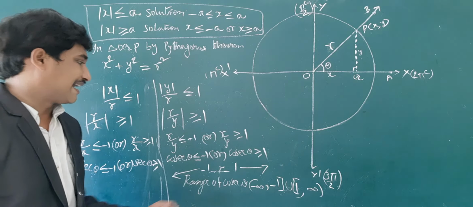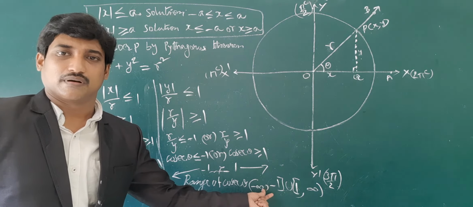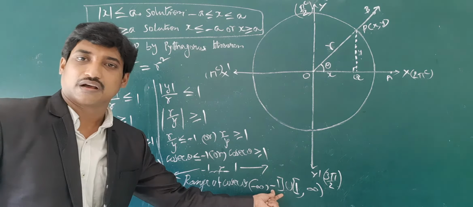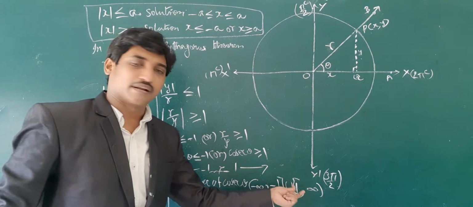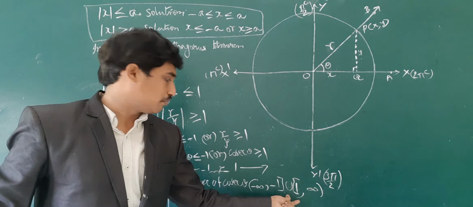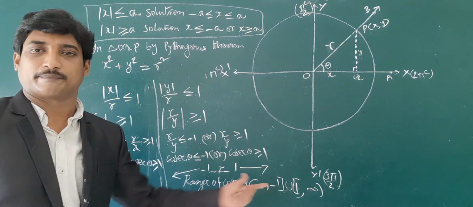That means cosecant theta takes the value minus 1 or a real number less than minus 1, and 1 or a real number more than 1. It is the range of cosecant theta.